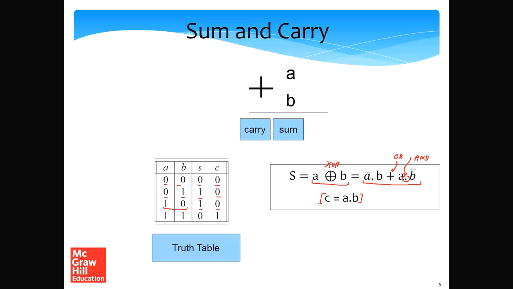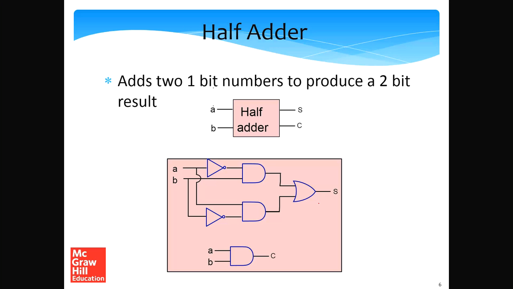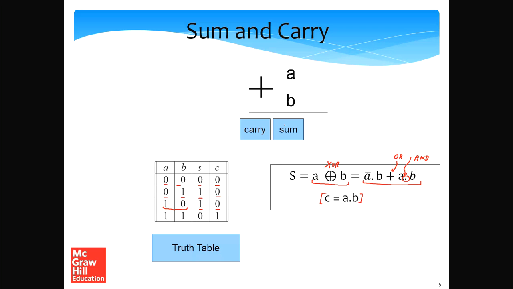We can then implement a simple Boolean circuit called a half adder, which adds two 1-bit numbers to produce a 2-bit result. In this case, we add A and B, and the result will have a sum and a carry bit. We just need to implement the circuit for the Boolean formulae shown here.